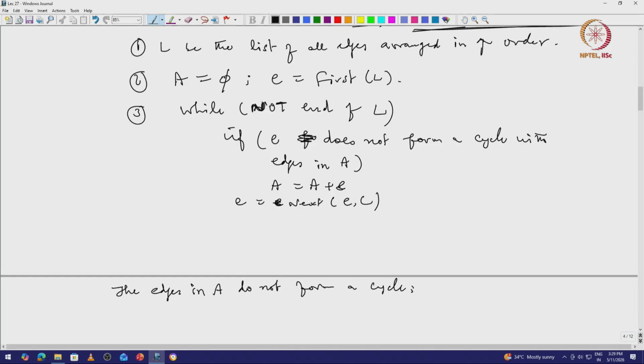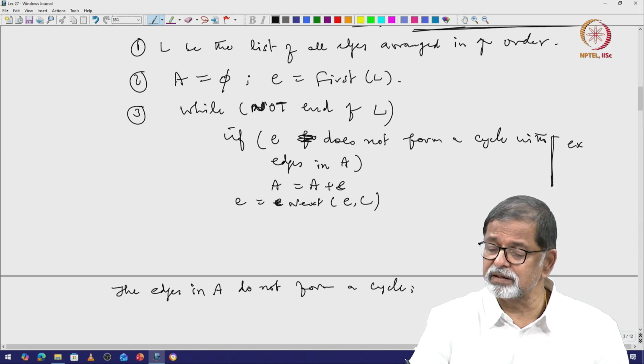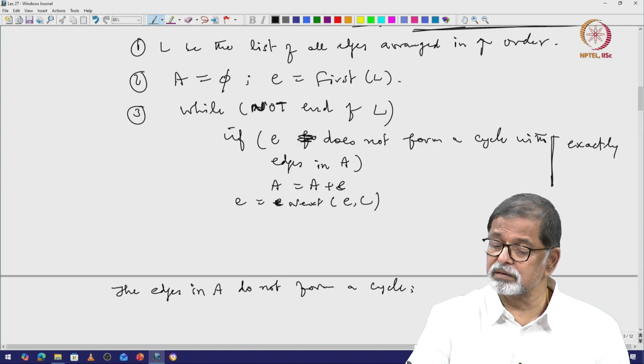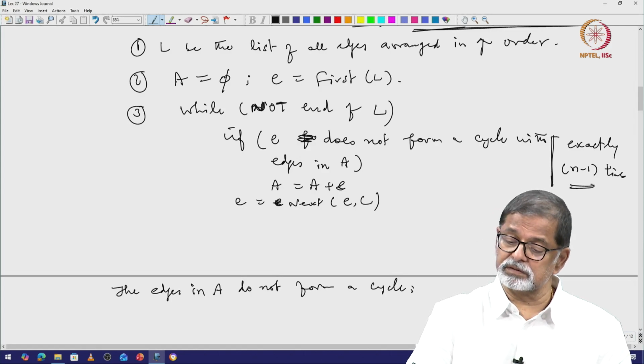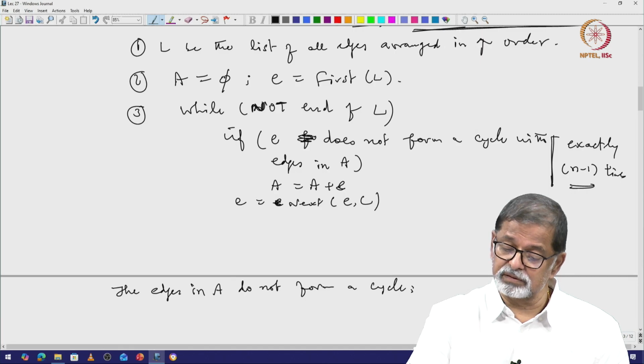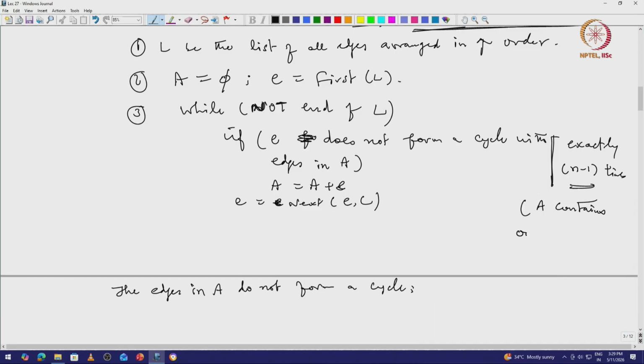We will take a closer look at this and then extend to the formal proof. In fact, we are going to show that this step is going to be done exactly n minus 1 times. Therefore, A contains only n minus 1 edges.